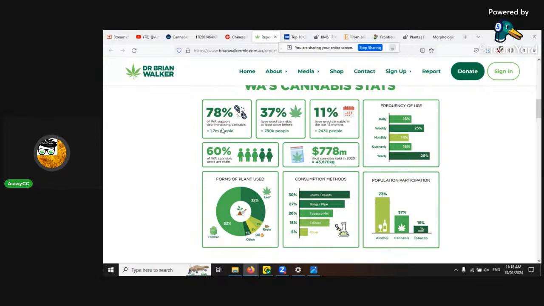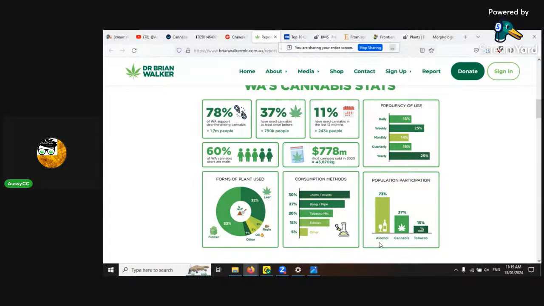That's 1.7 million people. 37% have used it at least once before, out of 800,000 people. 11% have used cannabis in the last 12 months, and that was 250,000 people. And there's the frequency bar graph of use, daily up to yearly. 16% use it daily, so it must be medicinal, they need it, and it helps them with their daily functions of life.